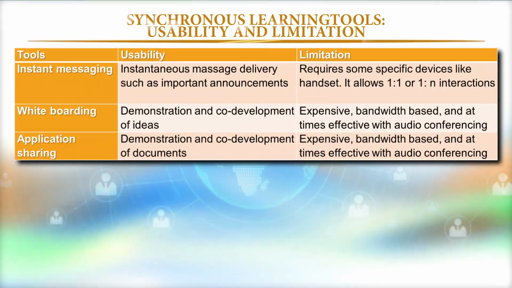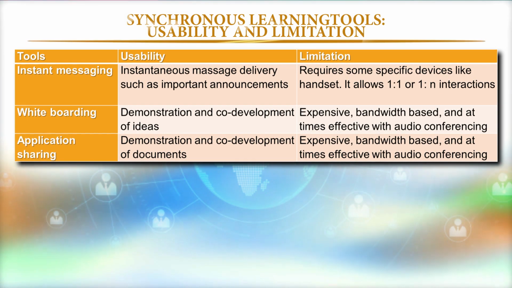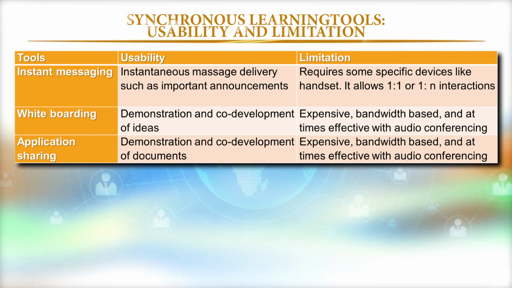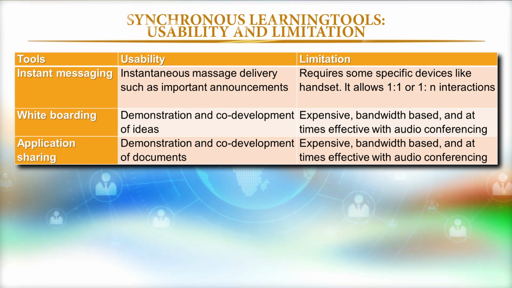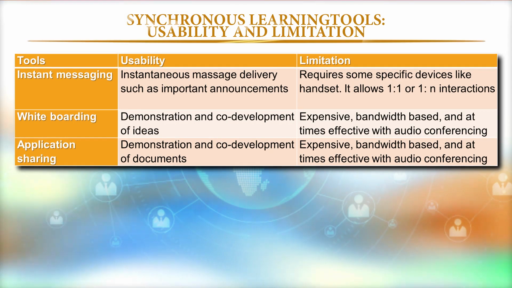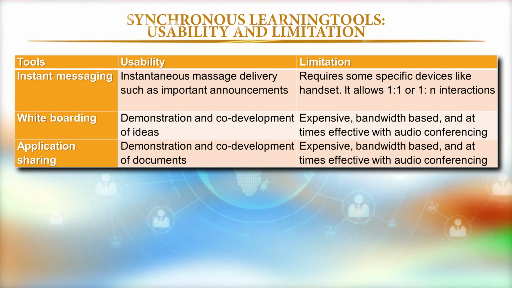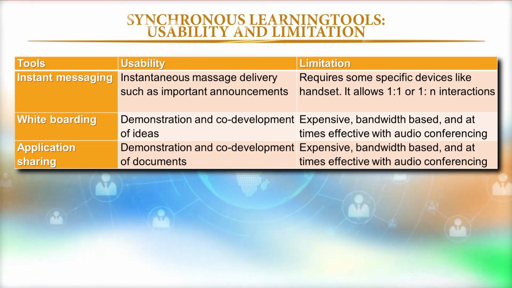And then let us see other tools like instant messaging. Instant messaging is a message delivered, such as an important announcement. If it is a very important announcement, like the last date of assignment submission and the next classes, we can use instant messaging to announce that. The limitations are that this requires specific devices like a handset, and it is allowed for one-to-one or one-to-n interaction.